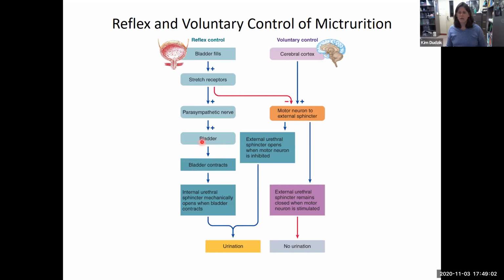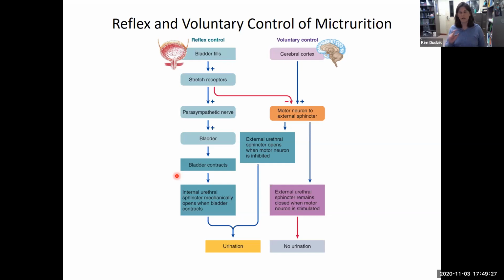This can also be overridden by the sympathetic. So the idea here is parasympathetic, rest and digest. A good time to go to the bathroom is when you're not in any danger. Think of yourself as a gazelle on the plains. If you're squatting, going to the bathroom, a lion can get you. So normally you want to do it when it's nice and calm. Sympathetic can override all of this and cause you to empty your bladder too.